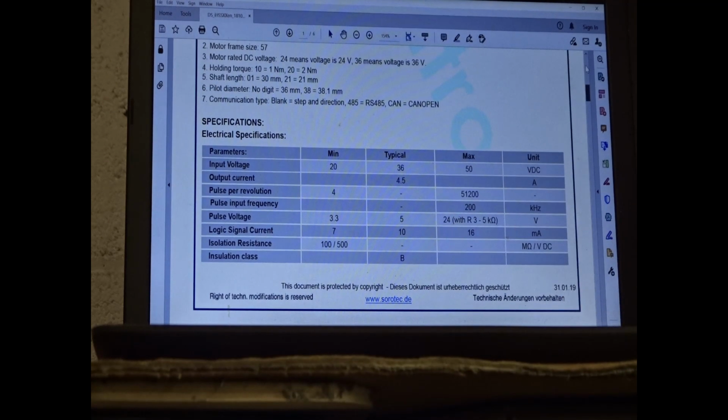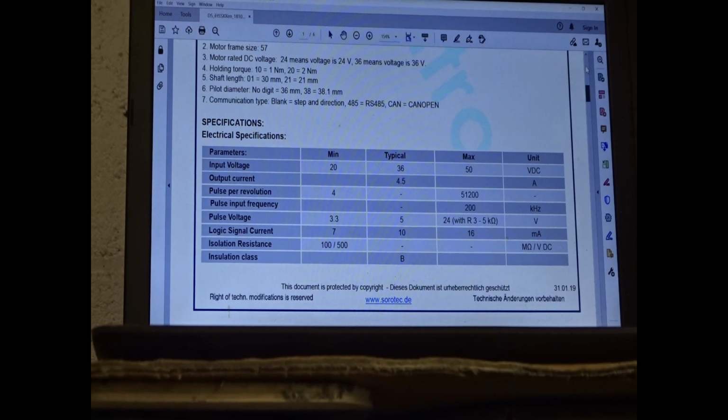Pulse voltage is 3.3 volts minimum, typically 5 volts, 24 volts with a 3 to 5 k ohm resistor. Let's put down under max 24, 3 to 5 k ohm resistor.